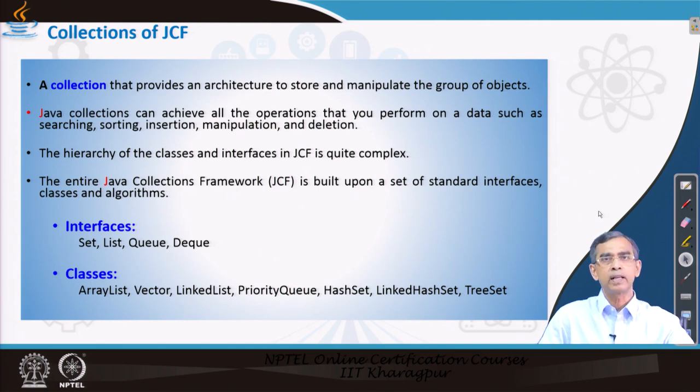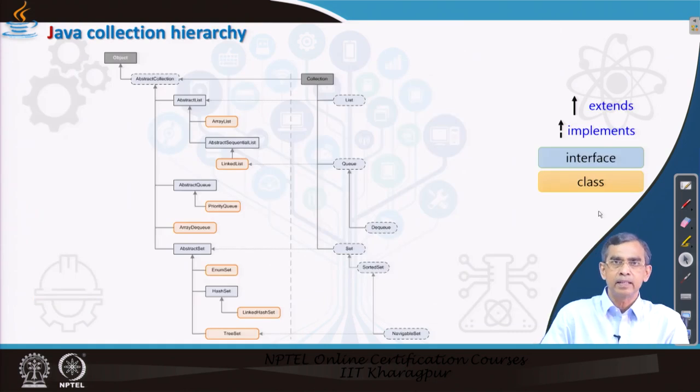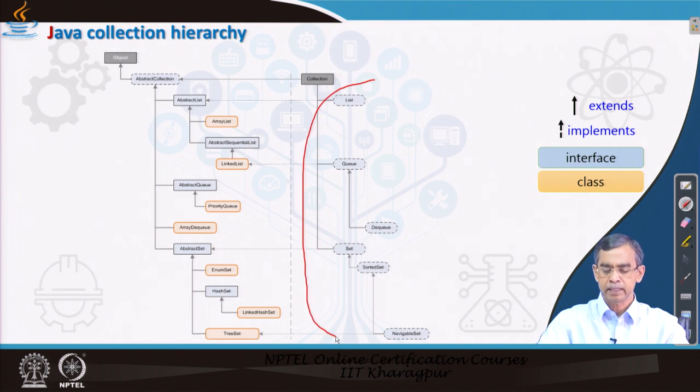Overall, the story is very complicated, and there is a class hierarchy, a taxonomy of classes, which the Java collection framework follows. In this figure we see a lot of interfaces represented by the relationships among them.